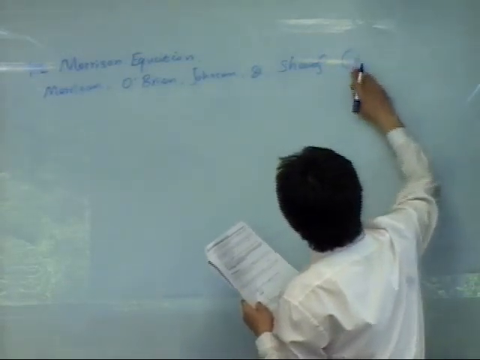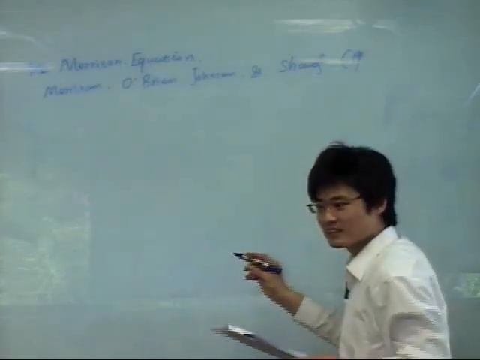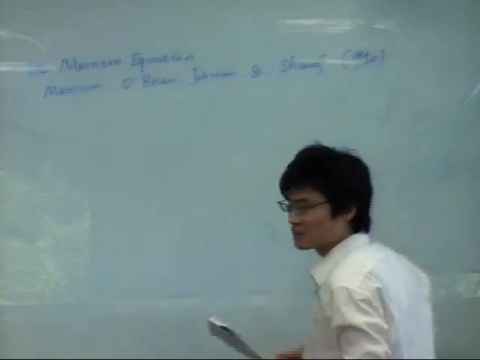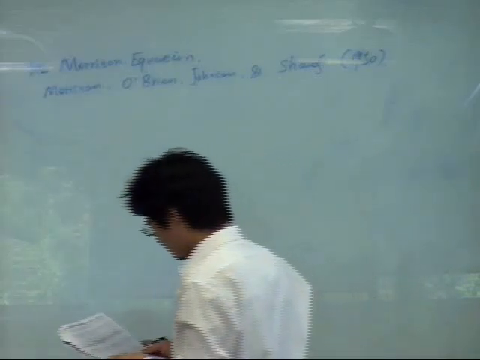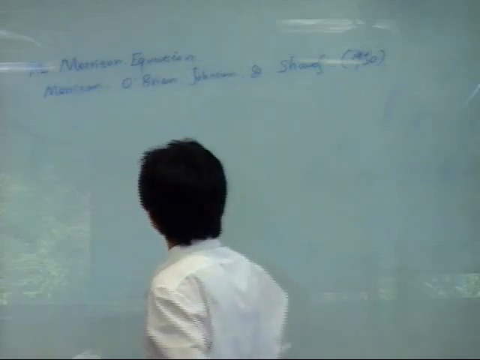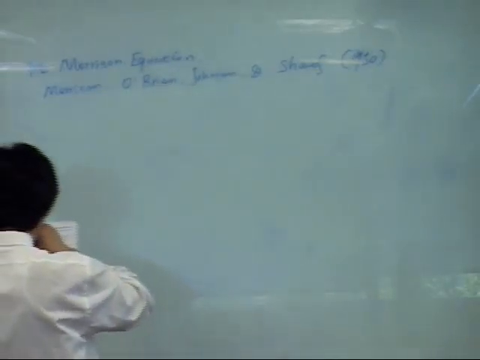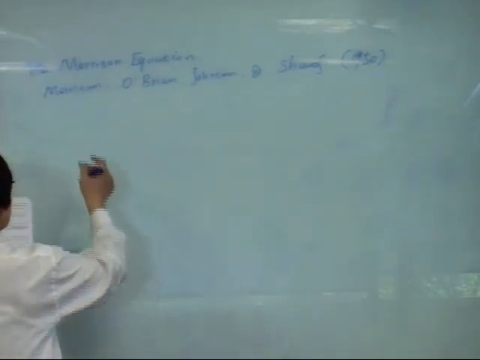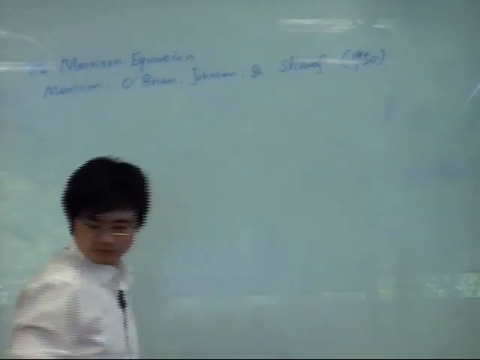Make your best guess, in which year? 1950. So we still use results from about half a century ago. So it's your responsibility to improve these things. Okay. What they assumed is fairly simple.